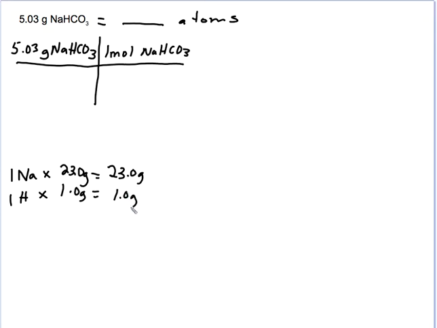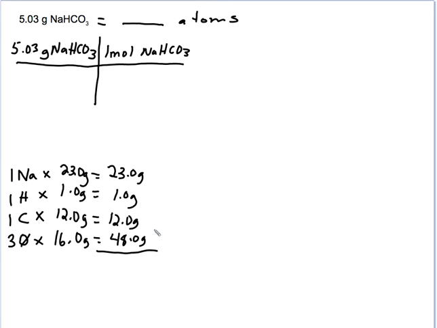So 1 times 1 is 1. There's 1 carbon, and each carbon, if you go to the nearest tenth, is about 12 grams. So that's going to equal 12.0 grams. And there are 3 oxygens, and each oxygen is about 16 grams. And so if you multiply 3 times 16, that gives you 48 grams.